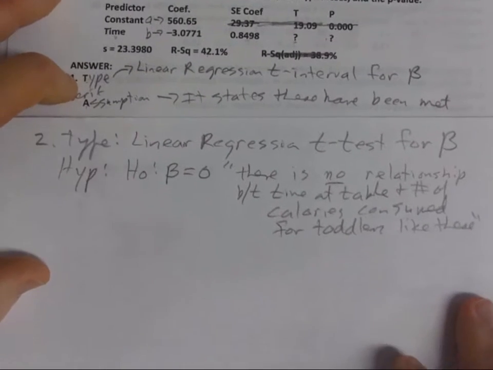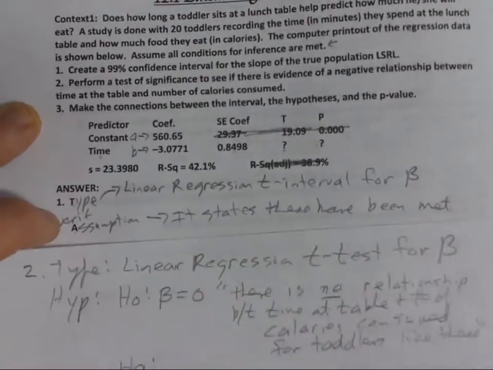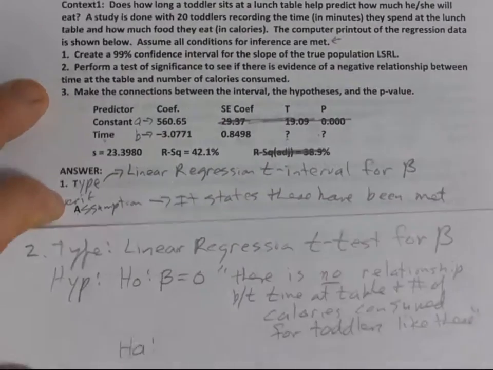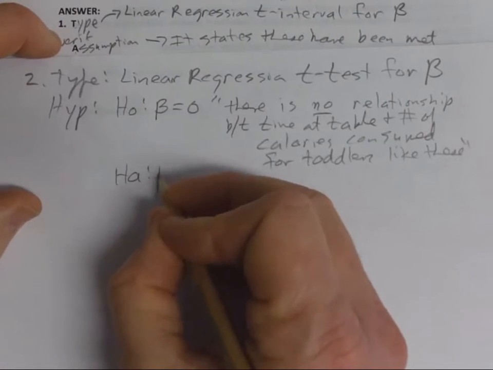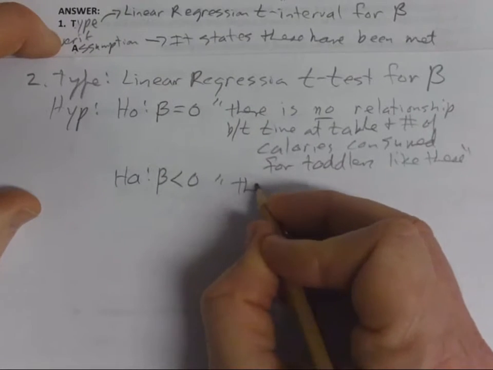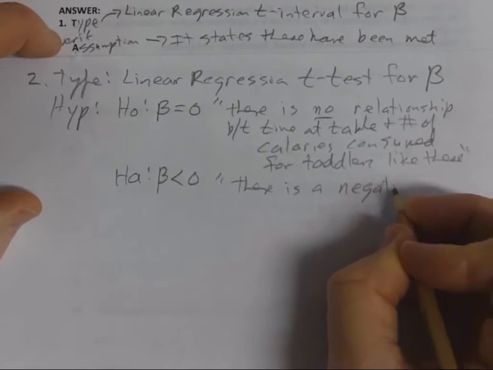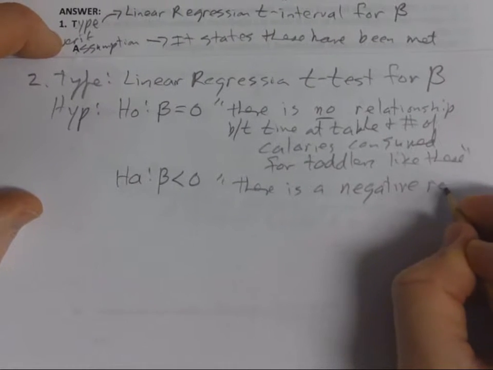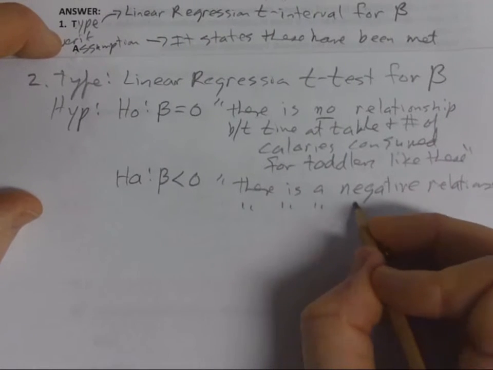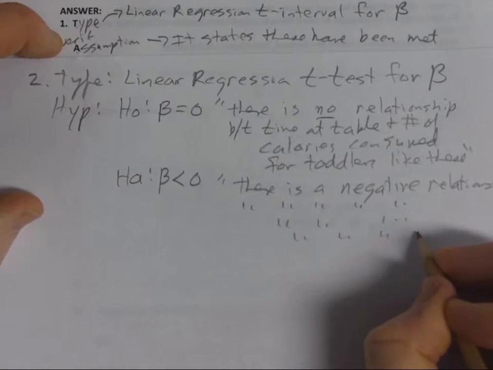Okay, there's no relationship. Now, the alternative is in essence that there is going to be a relationship, but what you notice here is that we're testing to see if there's a negative relationship. And so that's telling us what our alternative needs to be, is that beta is negative. And so, in other words, there is a negative relationship between the time at the table and the number of calories consumed for toddlers like these.